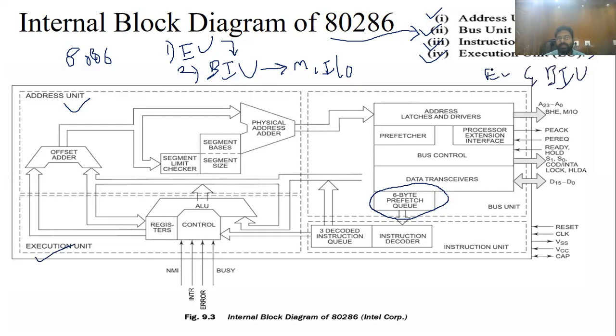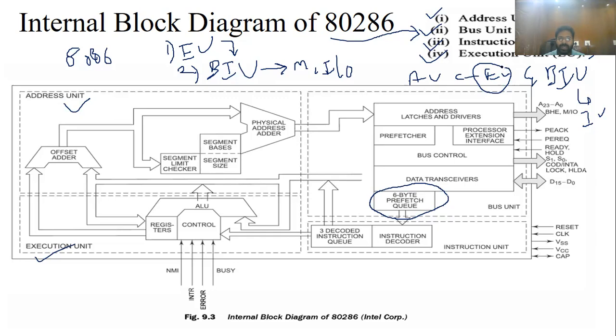Same, execution unit has the address unit, and bus interface unit has the instruction unit. You cannot confuse. Again, these four different categories we will modify into two categories: execution unit and bus interface unit. In the execution unit we have the address unit, and in the bus interface unit we have the instruction unit.